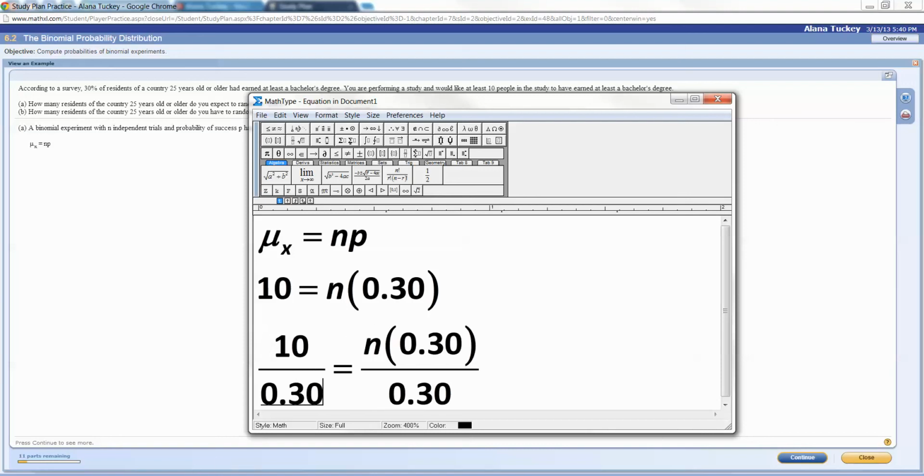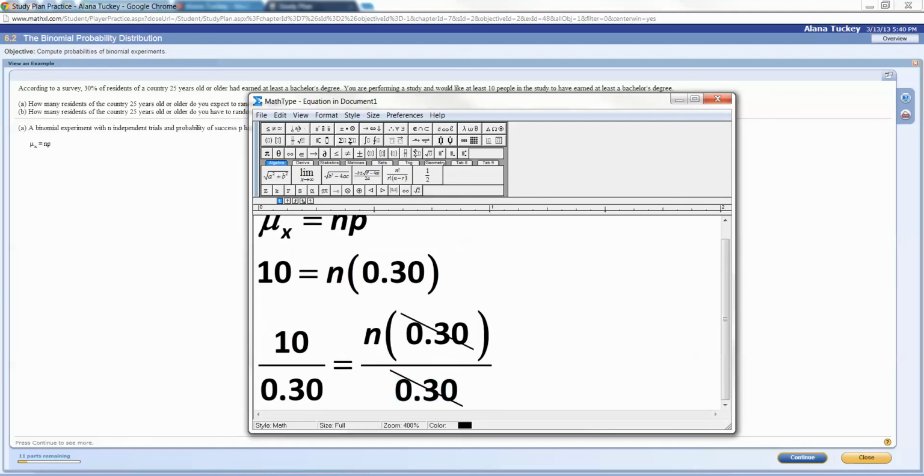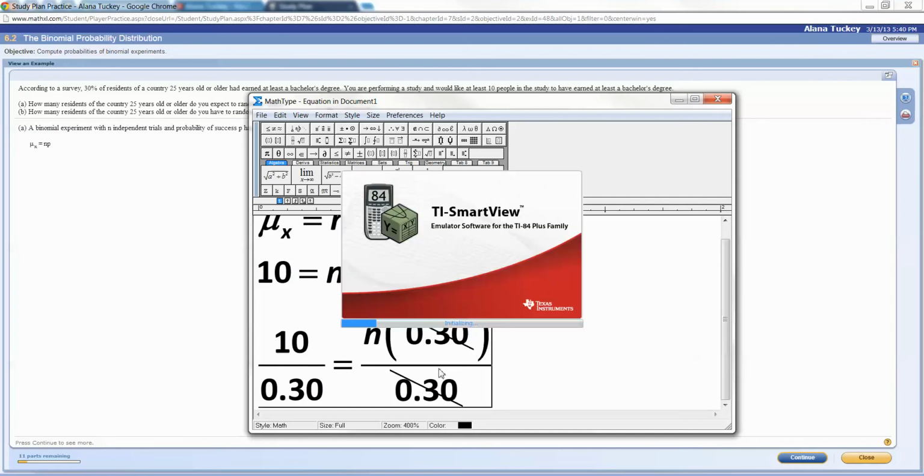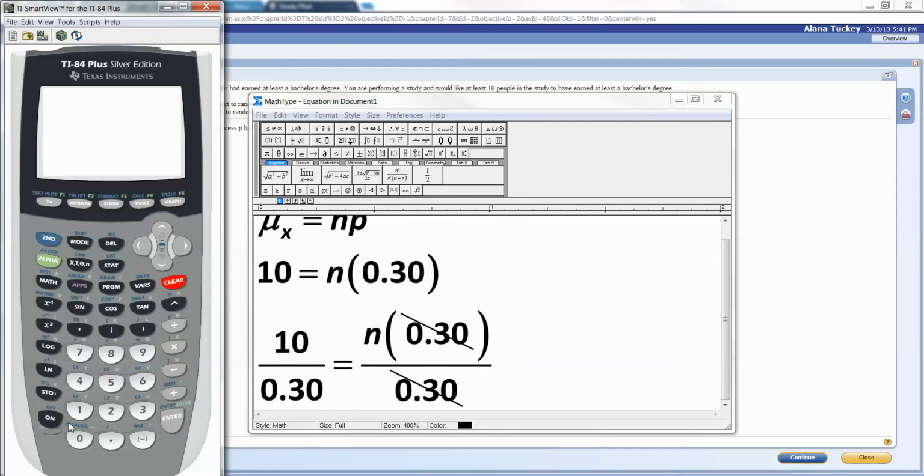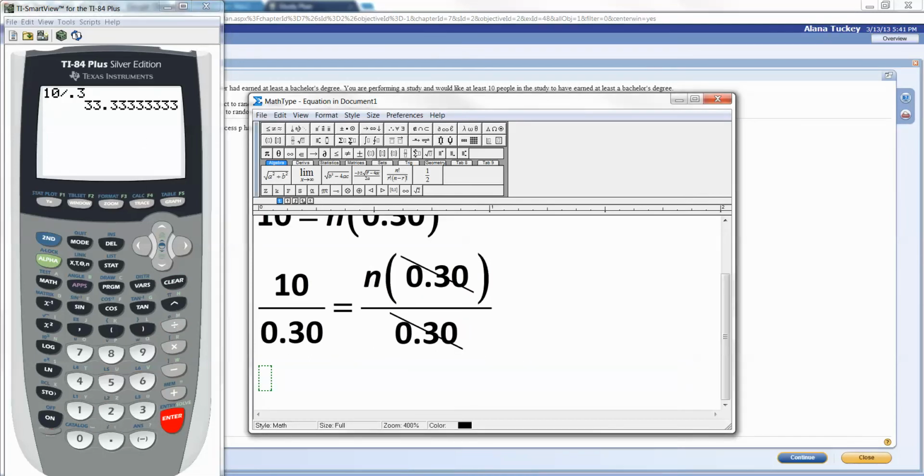Let me grab a calculator, hold on. Notice that the 0.30 is going to divide away. So I would do 10 divided by 0.3, and I would get 33.33333. So 33.3 repeating is equal to n.